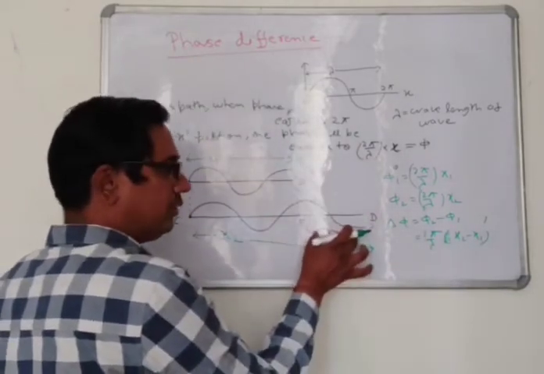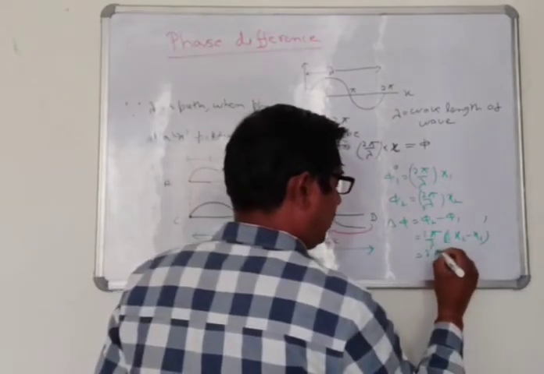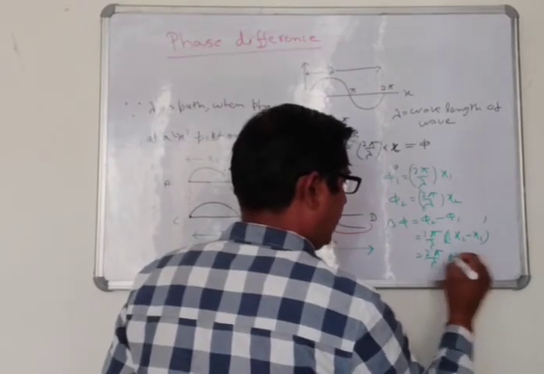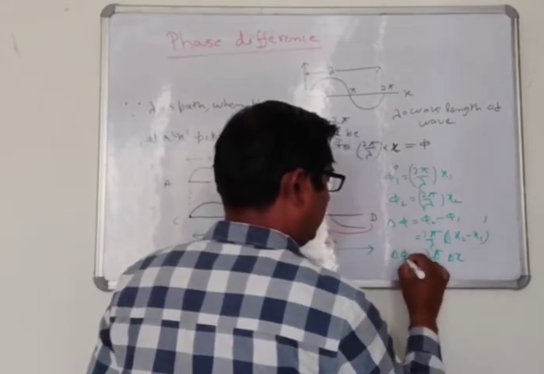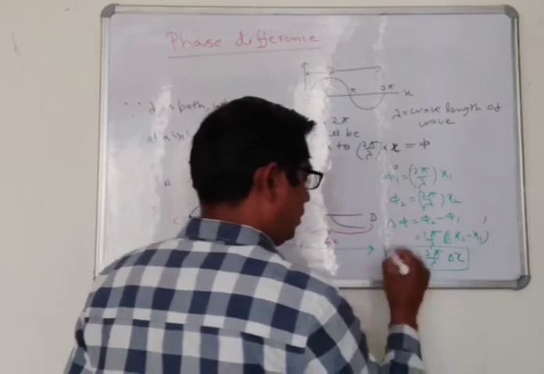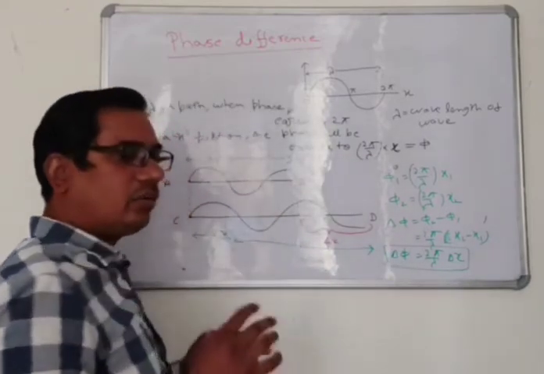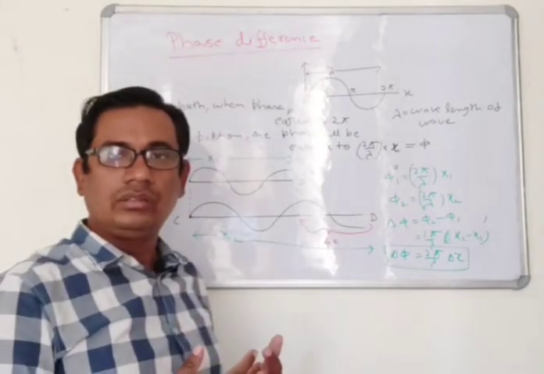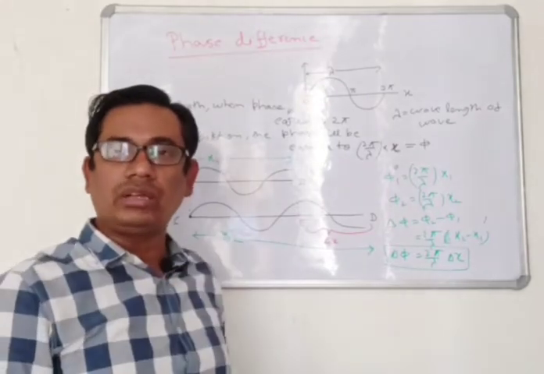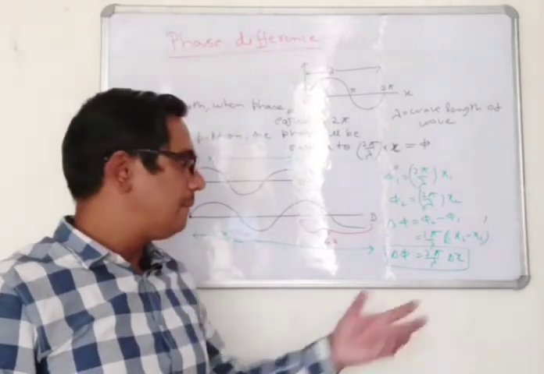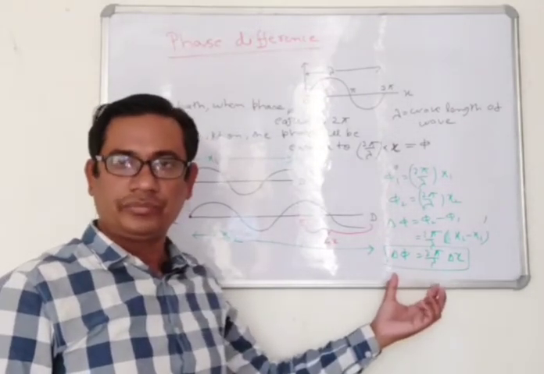This path difference is delta x, so the phase difference is 2 pi by lambda delta x, like that. You can calculate the path difference and also the phase difference with this relation.